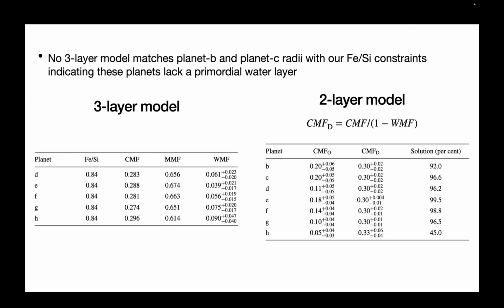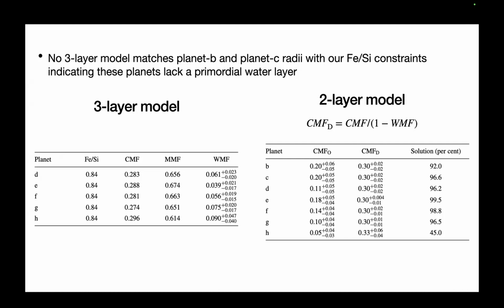But now, instead of doing that, if we just use our iron and silicon ratios, and then we fit for the resulting water mass fraction to match the observed planet radii, we end up with these water mass fractions listed in this table on the left.